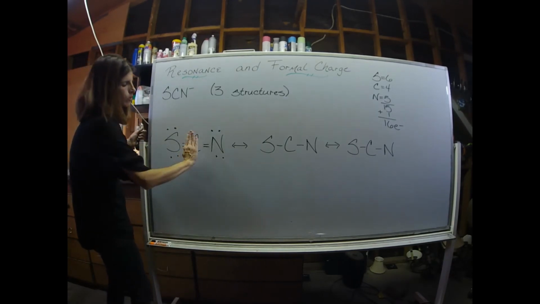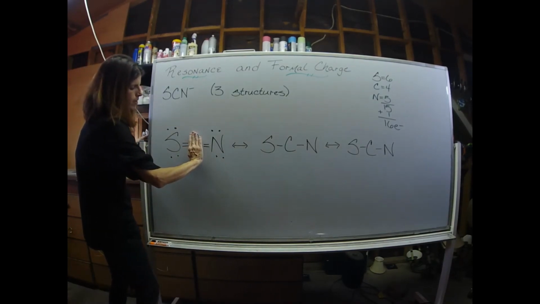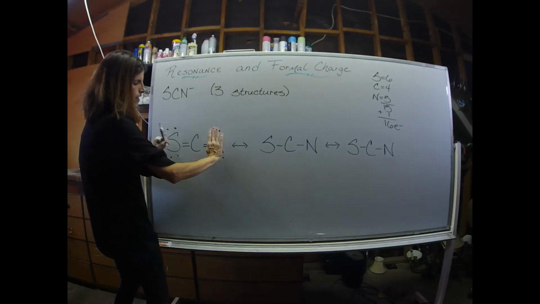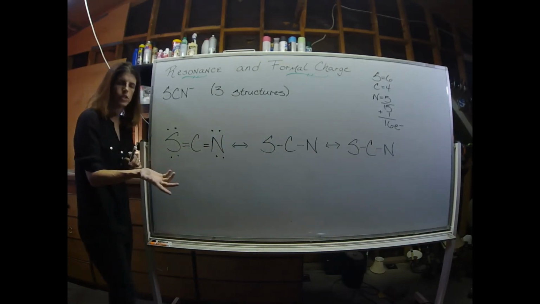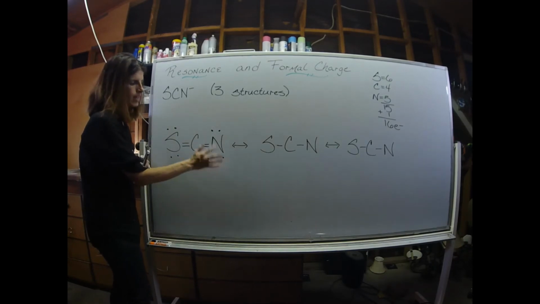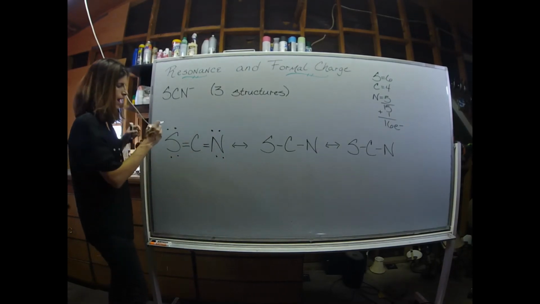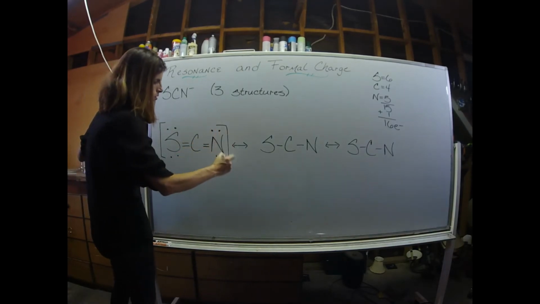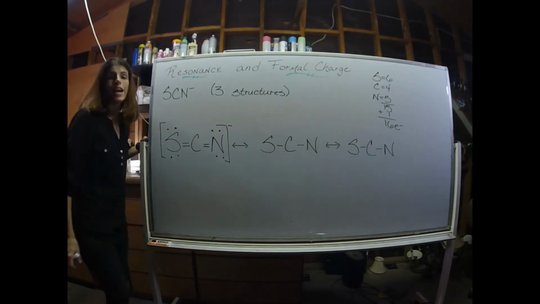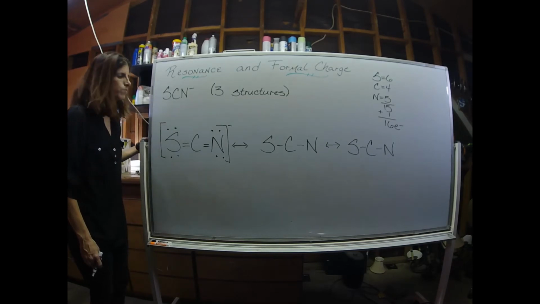And I want to also carefully look at each atom and make sure that each atom has 8 electrons. So 2, 4, 6, 8, the carbon is good. 2, 4, 6, 8, the nitrogen is good. Last thing, let's do square brackets with the charge on the outside since it is an ion.